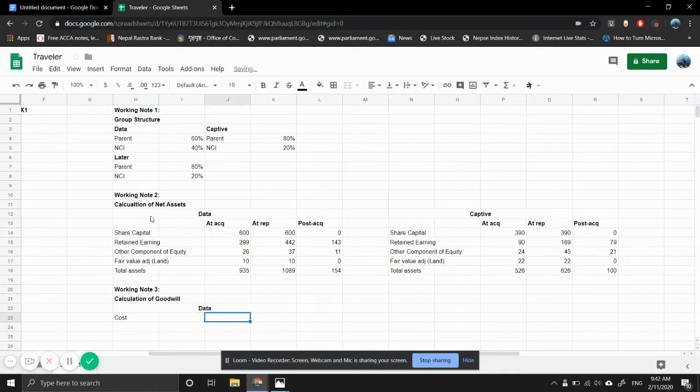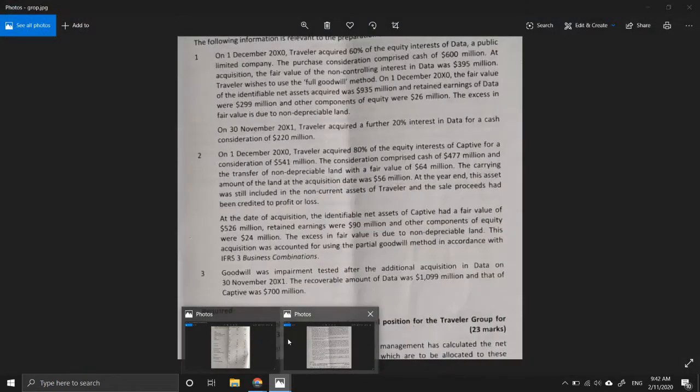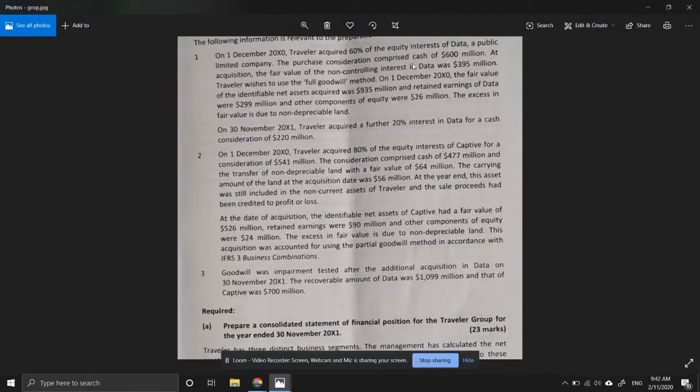So there is only one cost, right, in this? Value of non-controlling interest. Cost is, how much is it? 600 million, and then after that 395.